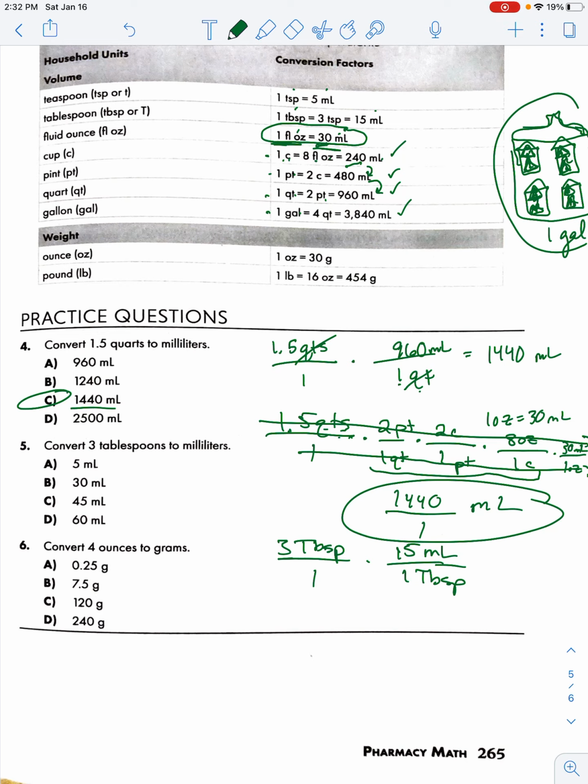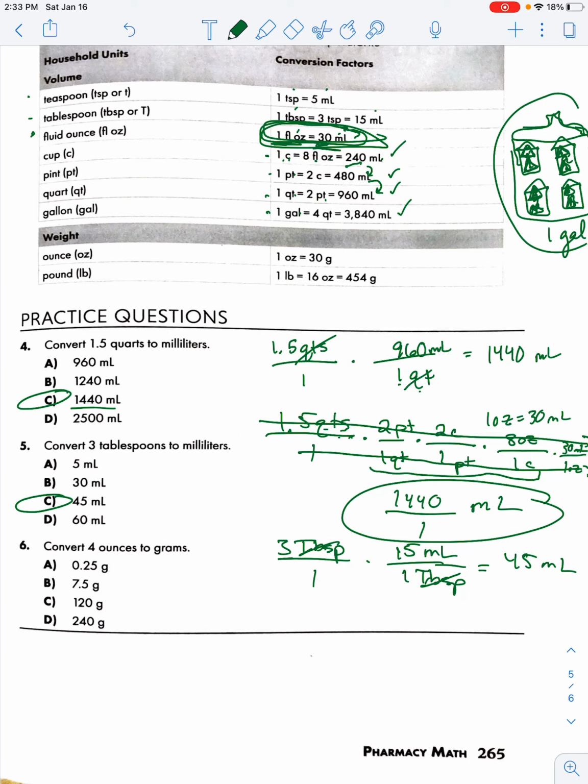If you didn't remember that, you can say to yourself, okay, well, a tablespoon is half of an ounce. And I know that 1 ounce is 30 milliliters. So half of 30 is 15. You can use the relationship between ounces and tablespoons, or ounces and teaspoons, to help you. Tablespoon and tablespoon will cancel. 3 times 15 is 45. So 45 milliliters.